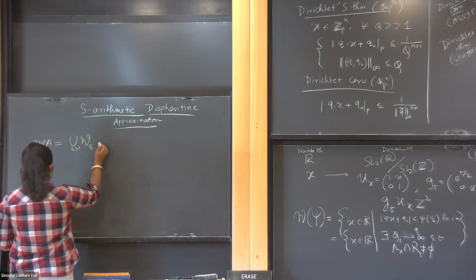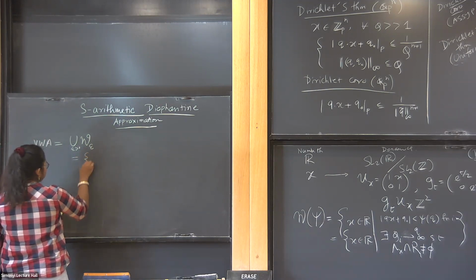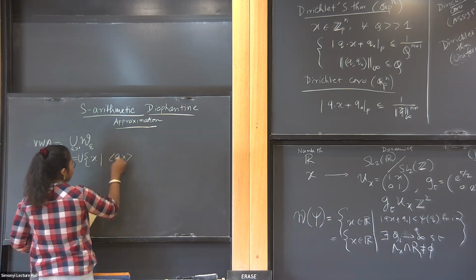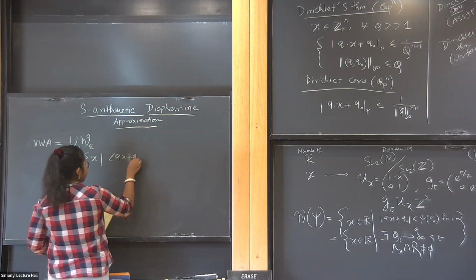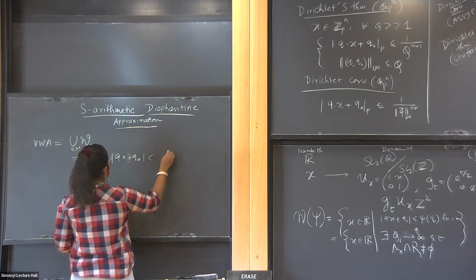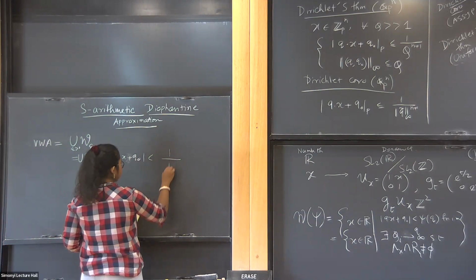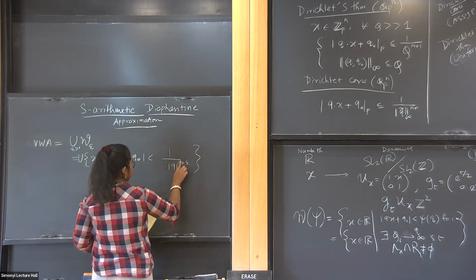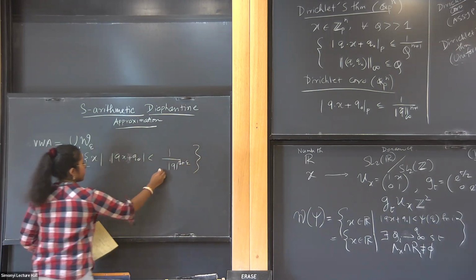It's not very hard to show that. This is just all x such that |qx + q naught| is less than 1 over q^(1+epsilon), for infinitely many q.